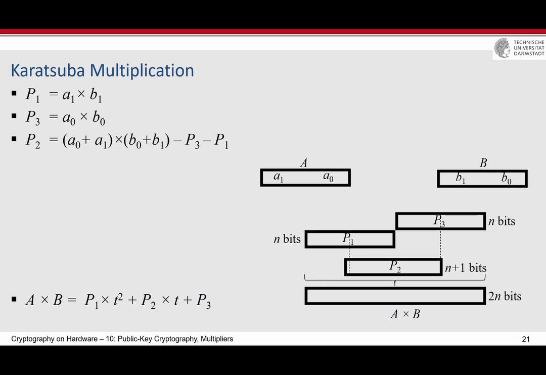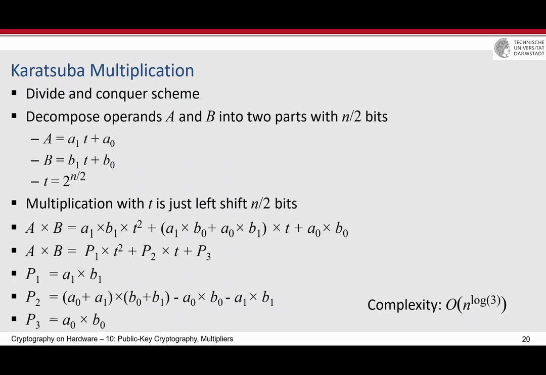You first need to calculate P2, and what is super important is that P2 can have a carry. P2 is not necessarily n bits, it can actually be n plus 1 bits. If you look back here, this is n bits, this is also n bits, and the sum can be n plus 1 bits because of the carry.